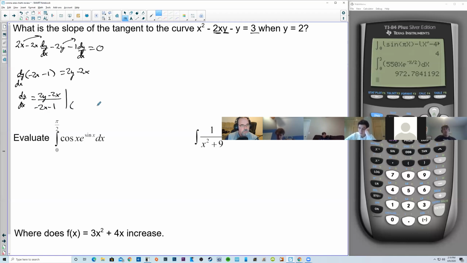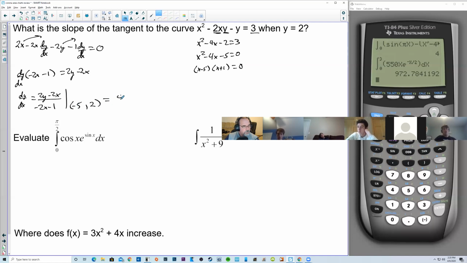Now we're going to evaluate that when y is 2, but we have to find out what x is. So let's plug 2 into the function. So we have x squared minus 4x minus 2 is equal to 3. x squared minus 4x minus 5 is equal to 0. So (x minus 5)(x plus 1). So we know that x is 5 or negative 1.